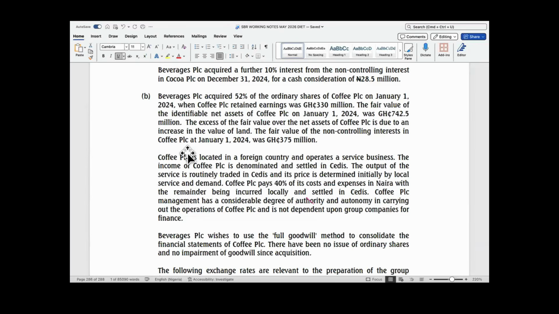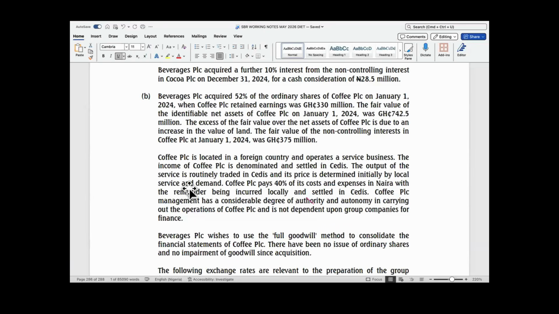Coffee PLC pays 40% of its costs and expenses in Naira, with the remainder being incurred locally and settled in cedis. The Coffee PLC management has a considerable degree of authority and autonomy in carrying out the operations of Coffee PLC and is not dependent upon group companies for finance.